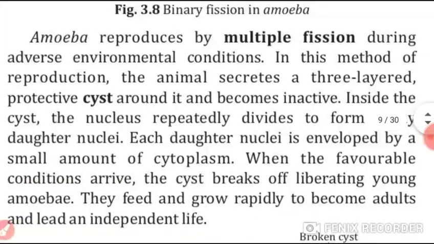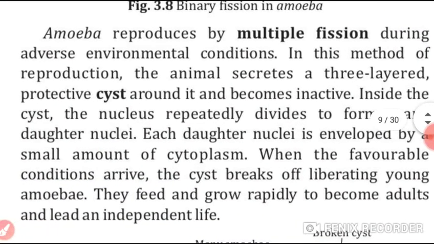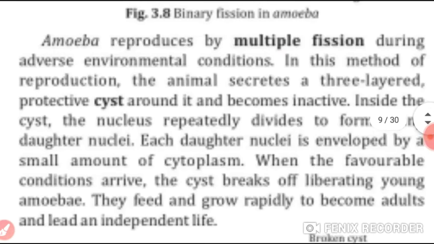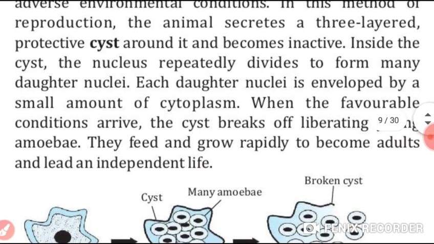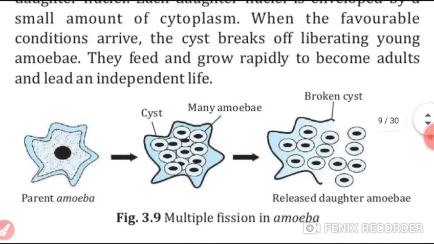Amoeba reproduces by multiple fission during adverse environmental conditions. In this method of reproduction, students, the animal secretes what? A 3-layer protective cyst around it, and it becomes what? Inactive. Inside the cyst, students, the nucleus repeatedly divides to form many daughter nuclei like this.